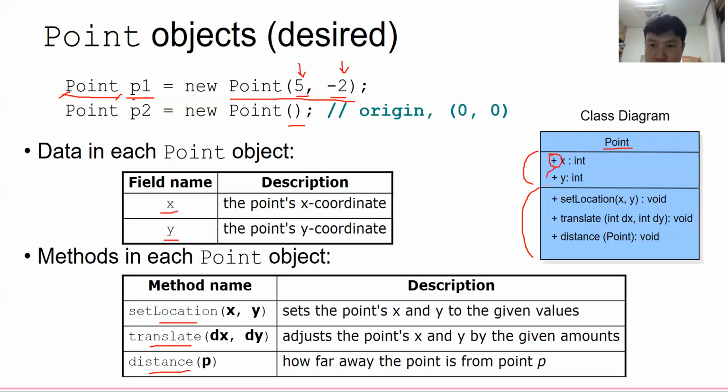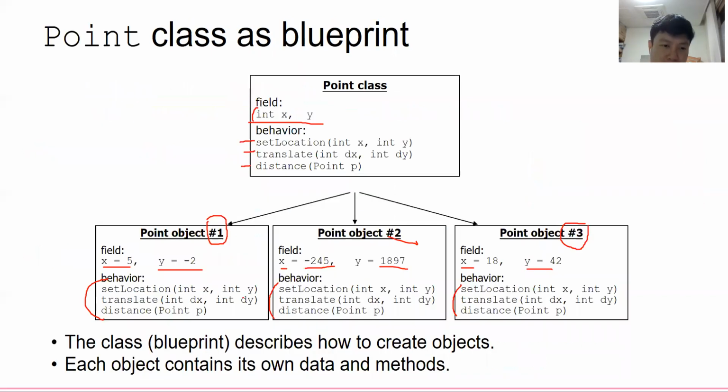Later we will check more about this plus. I'm using plus for all, so it means everything is accessible. So the class blueprint describes how to create objects, and each object contains its own data and methods.